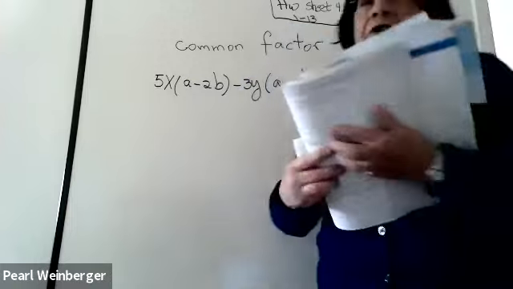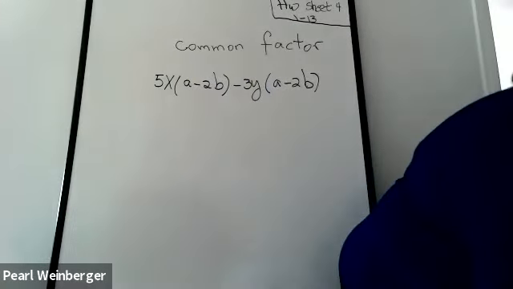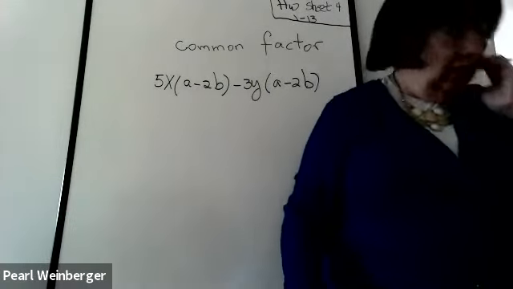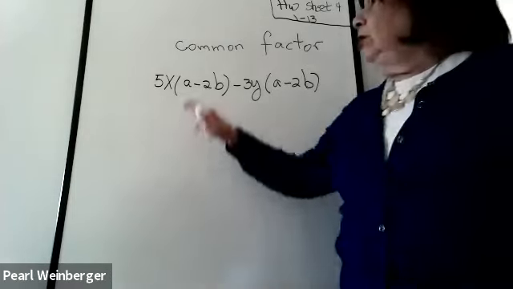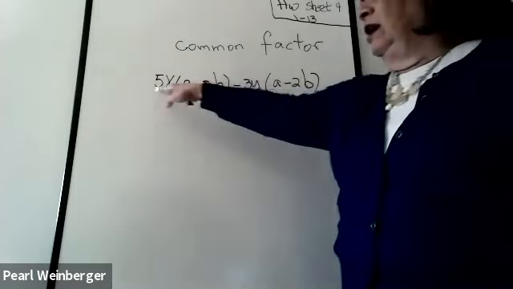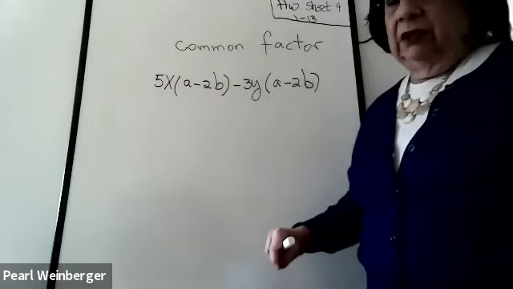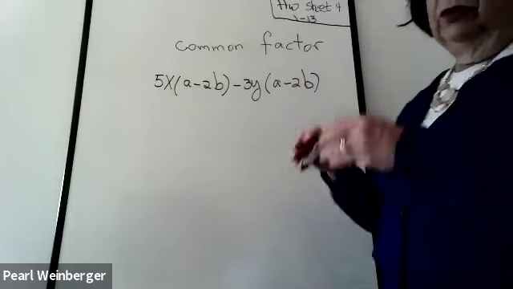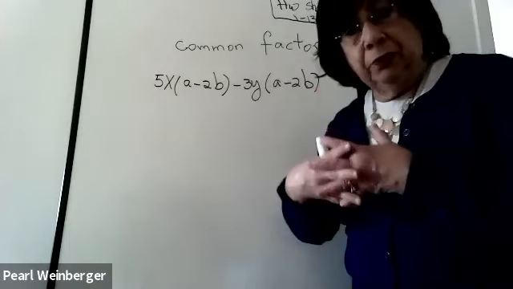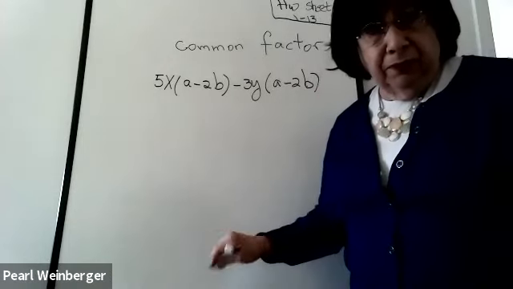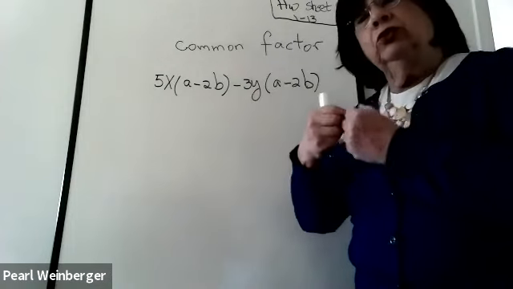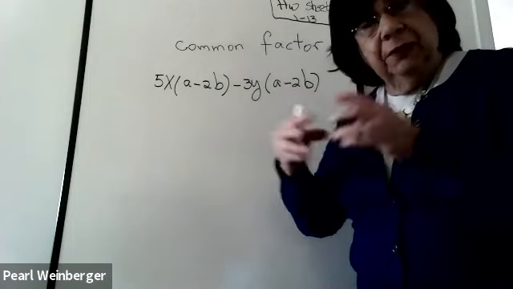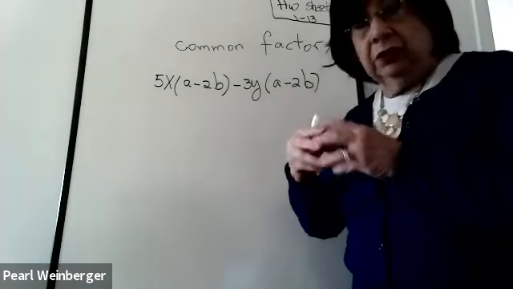Now, our first reaction when you see something like this is, oh, let's multiply and get rid of the parentheses. But when we're asked to factor, we really want to put the parentheses in. We don't want to get rid of the parentheses. We want to put them into what they were originally.